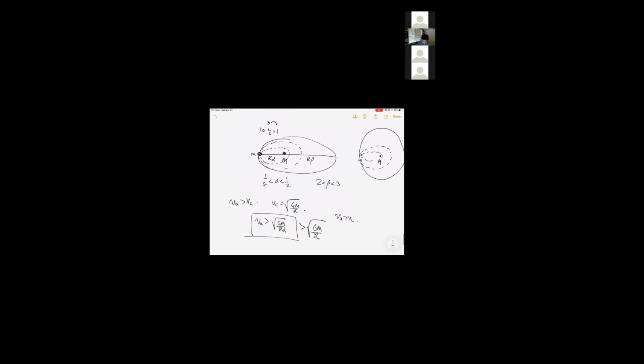So we have to calculate VA and VC in terms of alpha and beta. Okay, so somebody gave an argument to prove that C works, and let me just think about that.